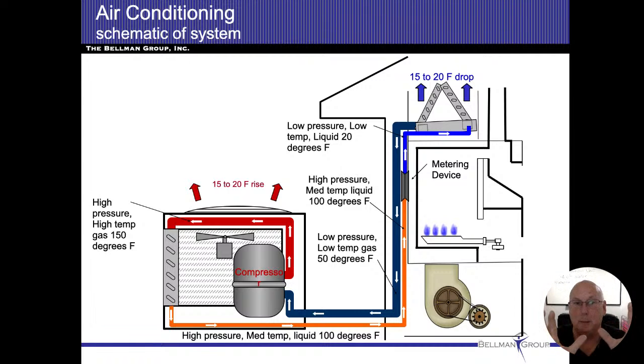So when the system is fully up and running, as I continuously add pressure to the system, the metering device is continuously releasing the same amount of refrigerant so that I could get that equilibrium of pressures. My change of state is what I was looking for, going from a liquid to a gas or gas to a liquid.